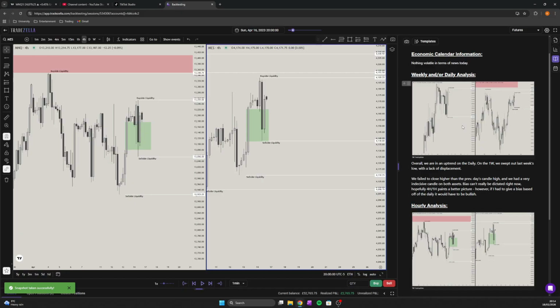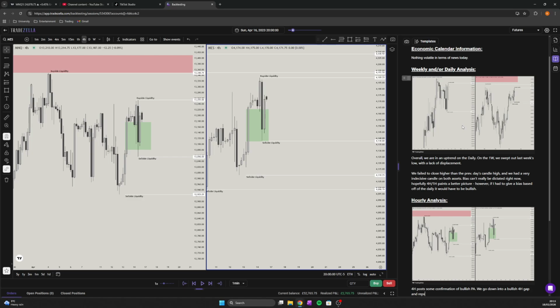So the 4 hour posts some confirmation of bullish PA. We go down into a bullish 4 hour gap and respect it. Simple as that on both assets.